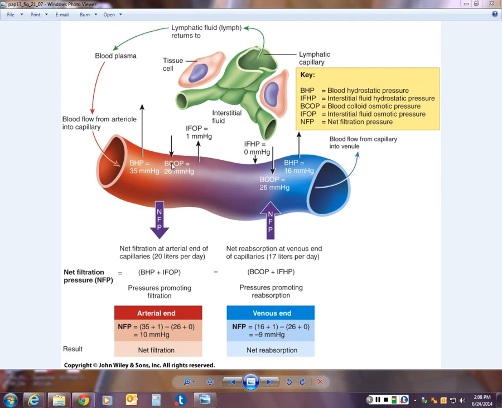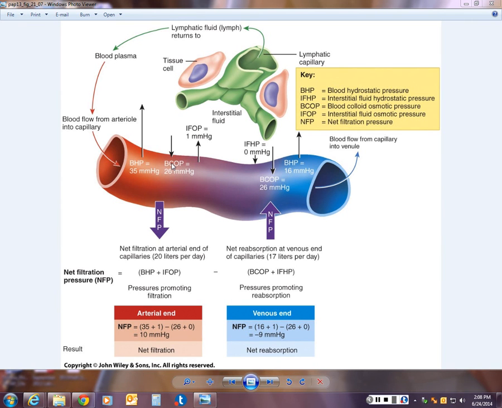All this stuff can be found dissolved in blood or dissolved in plasma. But we don't really concern ourselves with those other items. The one that we're going to principally concern ourselves with during this process of bulk flow is plasma proteins. And the colloid in blood colloid osmotic pressure tells us specifically that this pressure is related to plasma proteins.